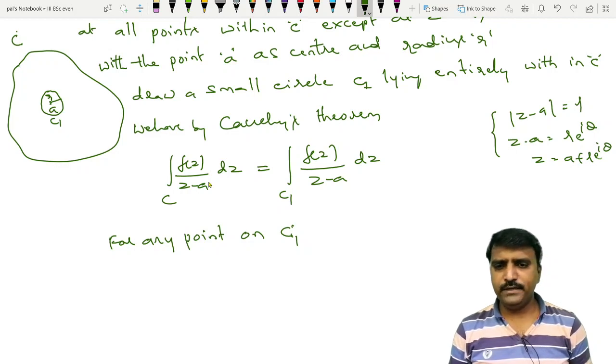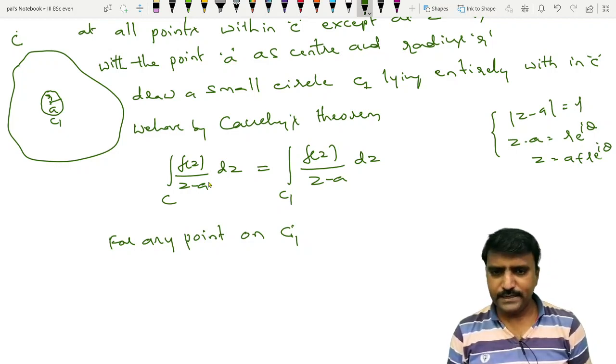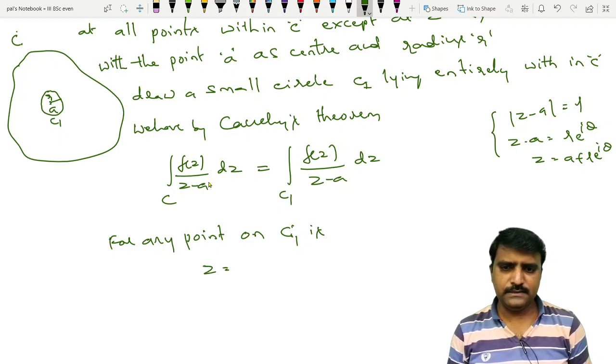So any point on C1 is z is equal to a plus r into e power i theta.